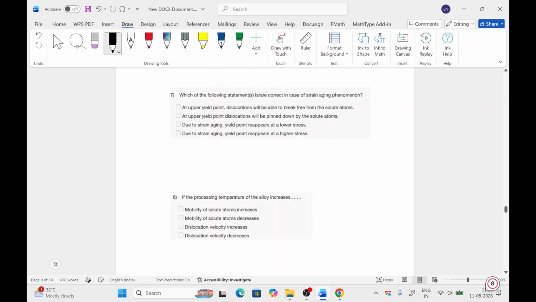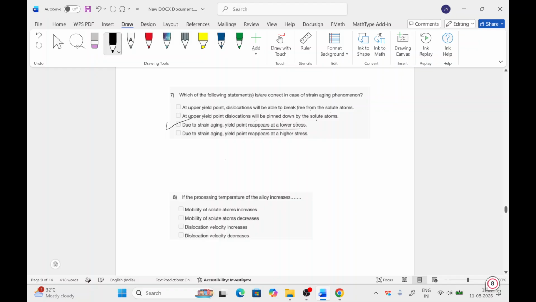Seventh question is, which of the following statements are correct in case of strain aging phenomenon? At upper yield point, dislocation will be able to break free from the solute atoms. This is not strain aging. At upper yield point, dislocation will be pinned down by the solute atoms. Yes. Due to strain aging, yield point reappears at a lower stress.